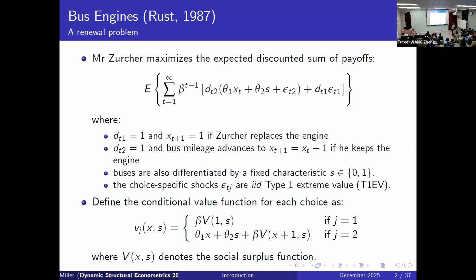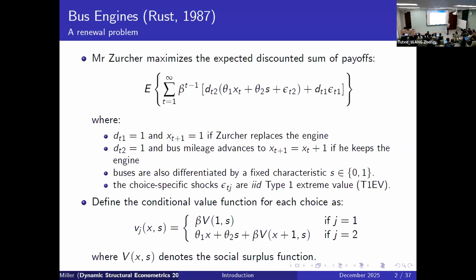You can see here's the systematic part of utility for the second choice. Here is the systematic part for the first choice. Notice that the first choice doesn't have anything here in current utility, so that's why it's just beta. And what you're going to do if you replace the engine is that you're going to start off again. So next period, you'll have just 1 mile on it because it will have done 1 mile.